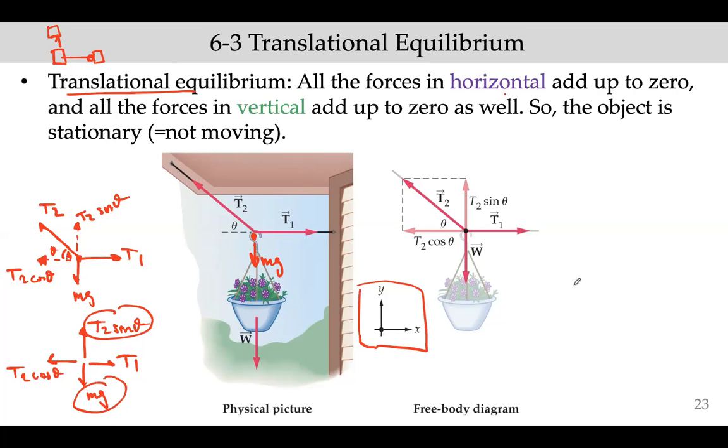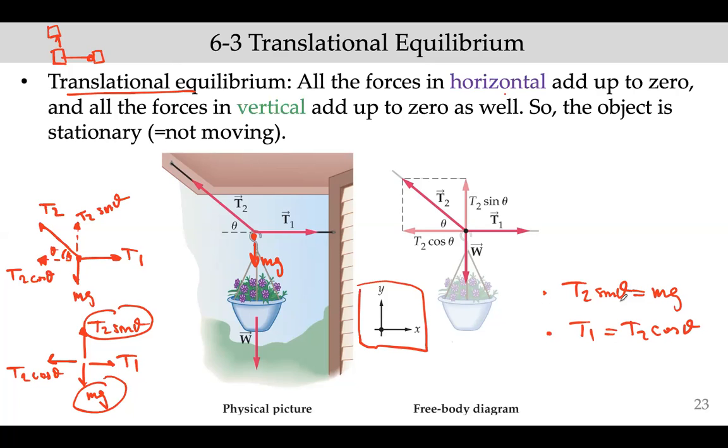So I can write T2 sine theta equals mg. And the other equation is T1 should be equal to T2 times cosine theta. So these are the conditions for translational equilibrium.